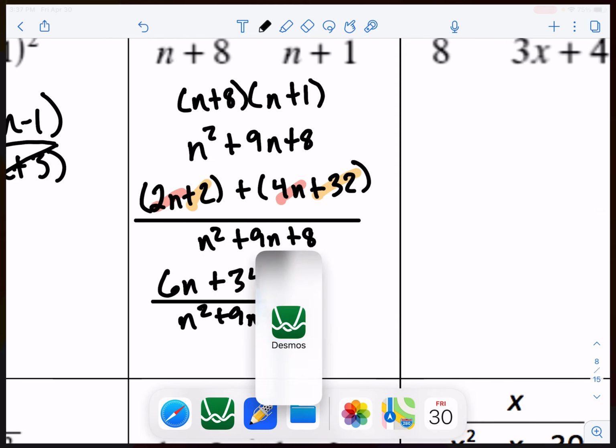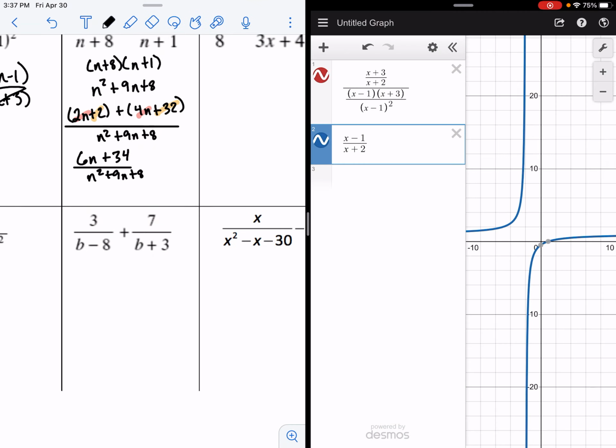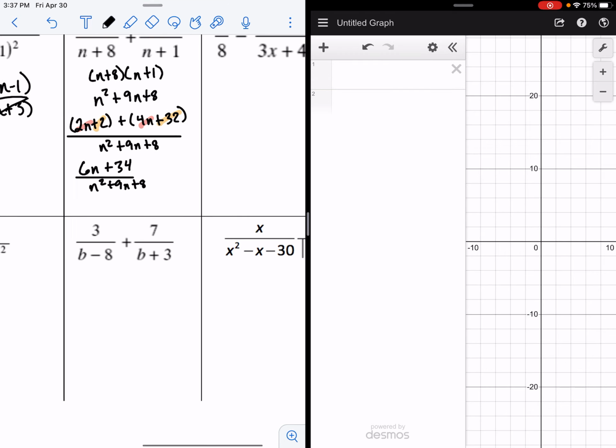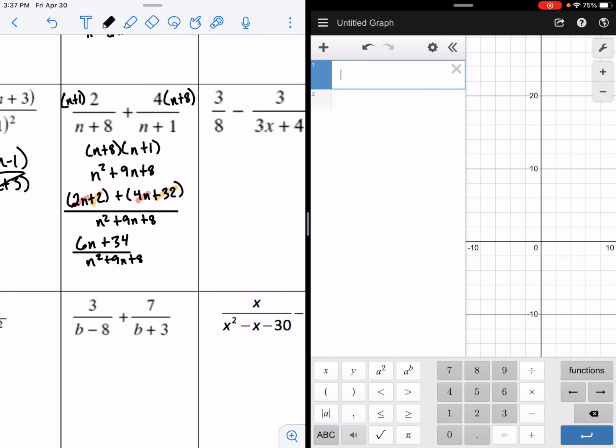Again, with this being an operation, take what we're given. Put it in Desmos.